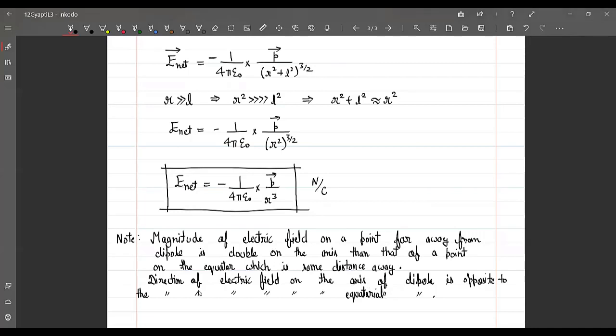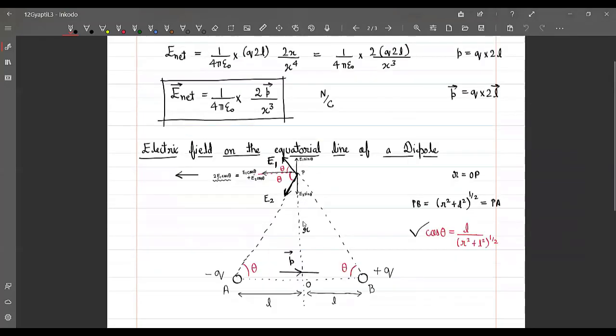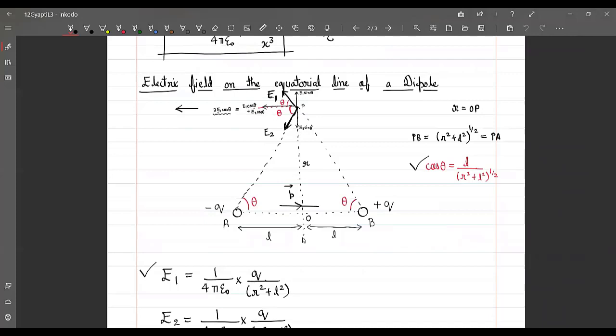Sir, can you show equatorial axis in any of the diagram? This was the equatorial line here. This is the equatorial axis or equatorial line. This perpendicular line. That perpendicular bisector of the dipole is the equatorial line.